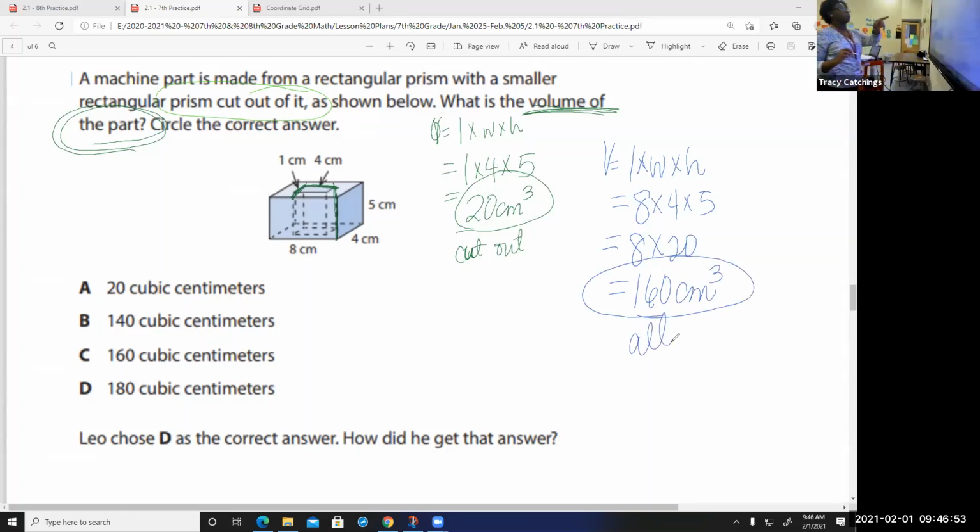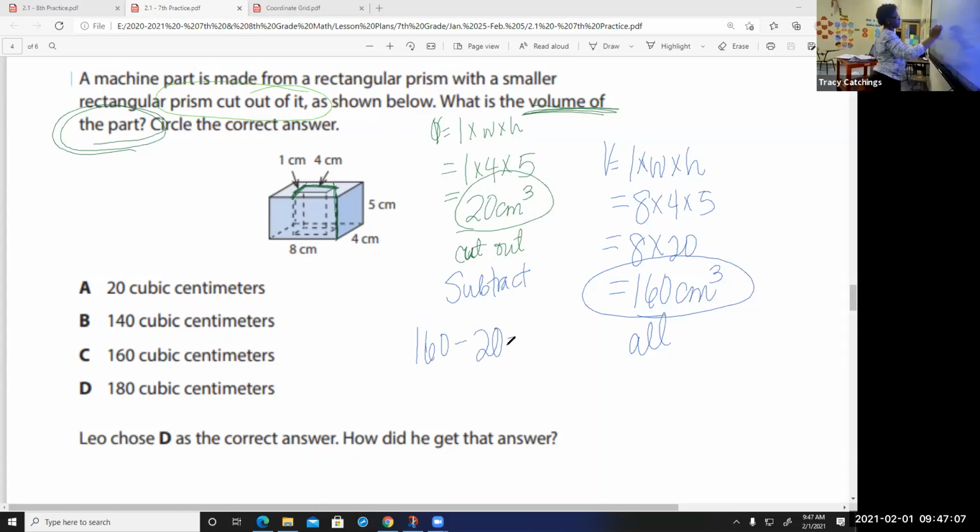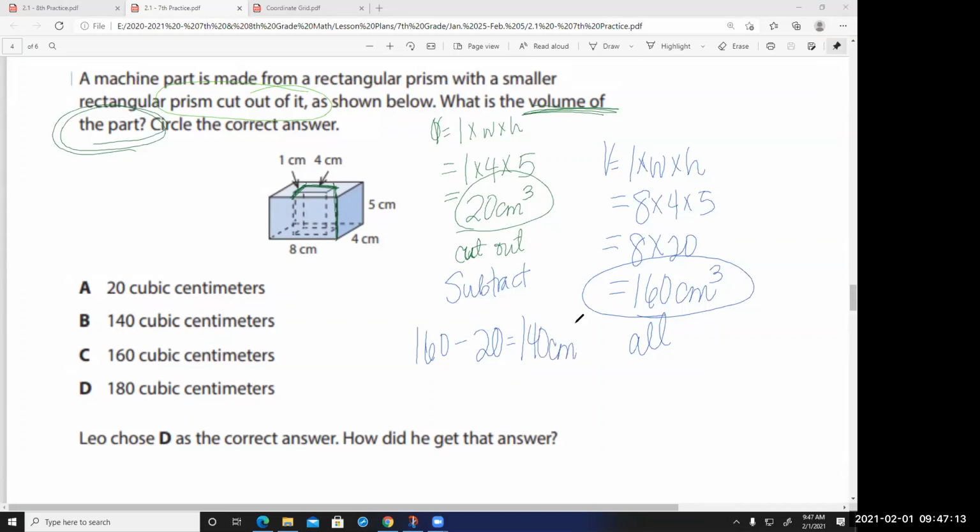So if that's all of it, and then they cut that out, what do we need to do? Subtract. That's 160 minus 20, and that will give us 140.